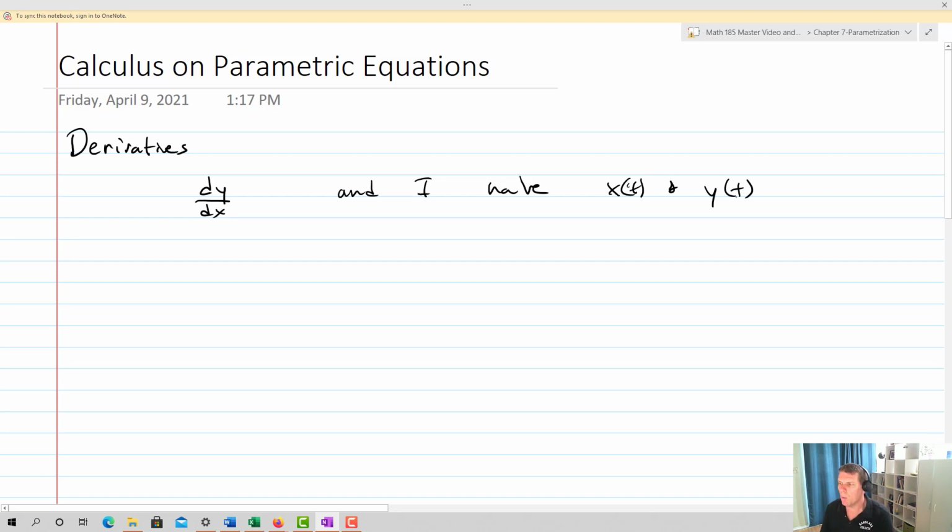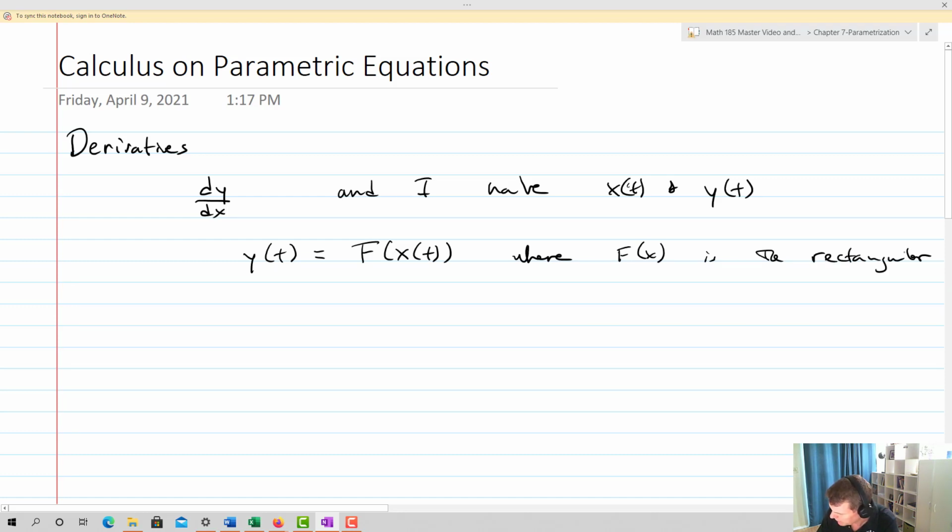Now, what we've seen previously is that y of t is going to equal f of x of t, where f of x is the rectangular function. So this is showing us that if I plug my parametrization x of t into my function f, I'm going to get back y of t.